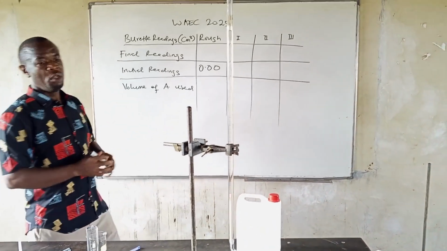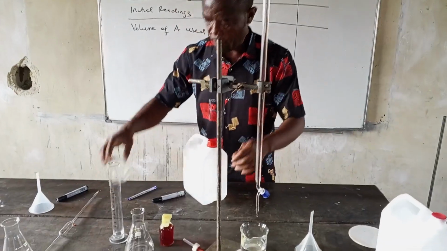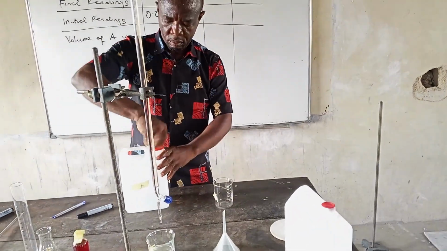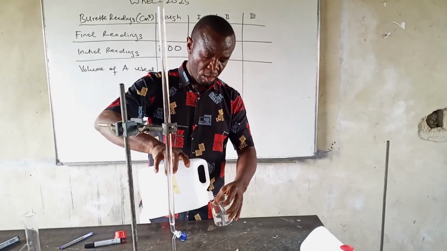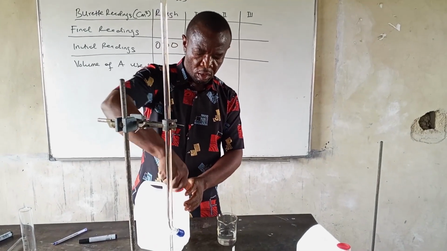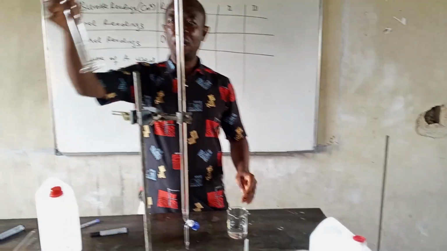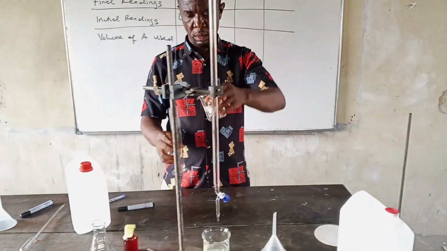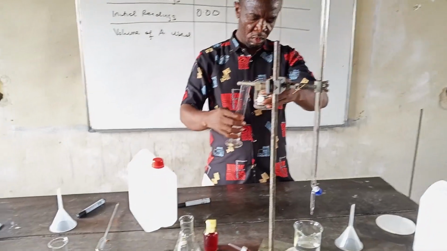That is it. So having done that, I'll now collect my base, labeled B. I'll pour the base into this place. Without wasting time, I don't have to waste time pipetting, so I can use the measuring cylinder to collect 25 cm³ of the base.